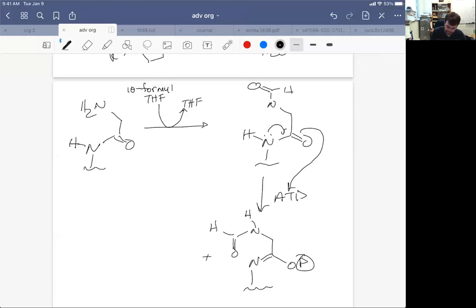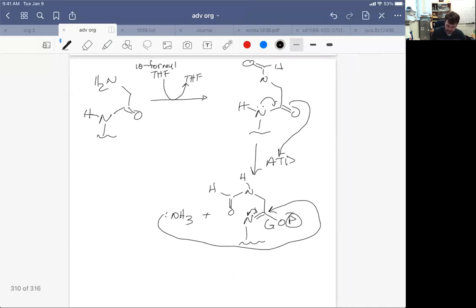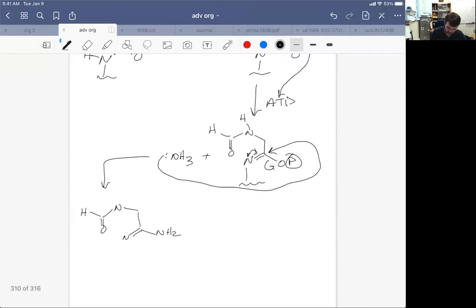What we're going to do is add NH3 to this, and we've seen this before. The NH3 is going to add to the iminophosphate, jump down, jump back over, pop off the OP. This is all enzyme mediated, so we can control protonation states as needed. And that's going to give us this species, where we've substituted the OP for an NH.